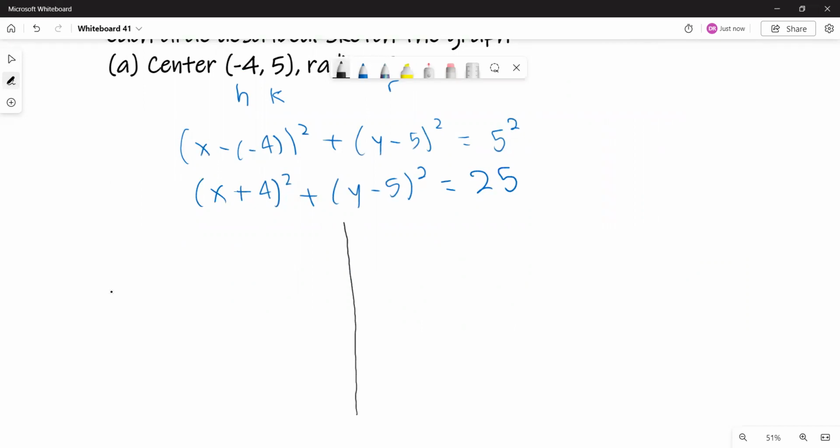Let's see. So the center is -4, 5. So I'm figuring out how many tick marks we need.